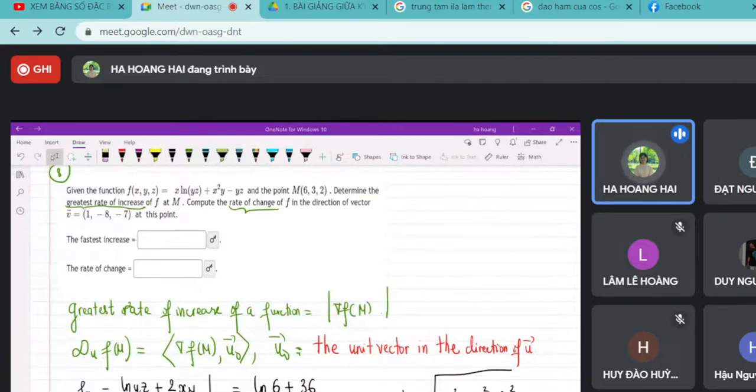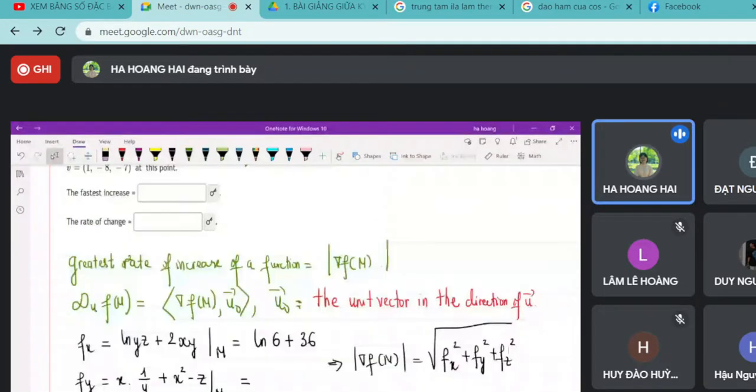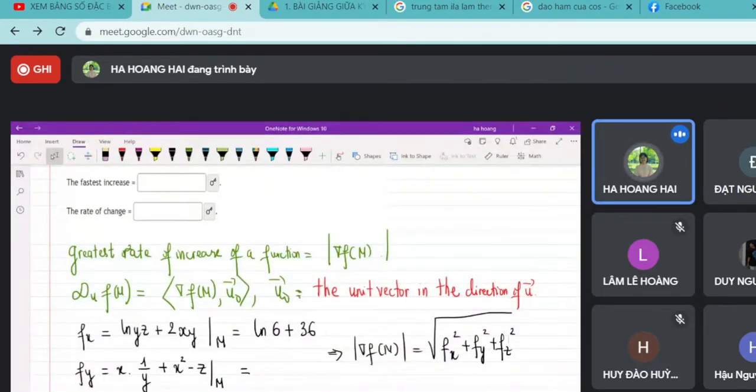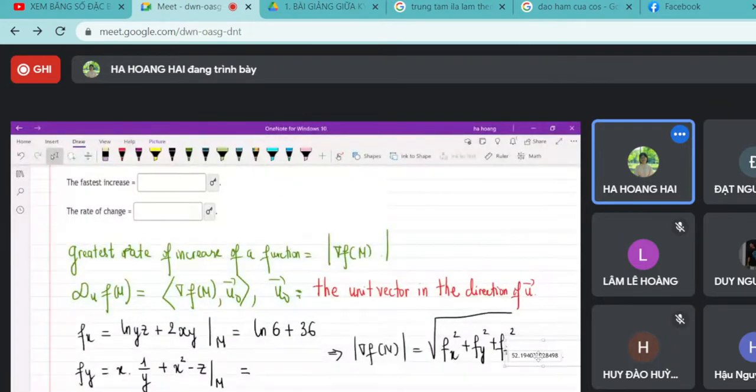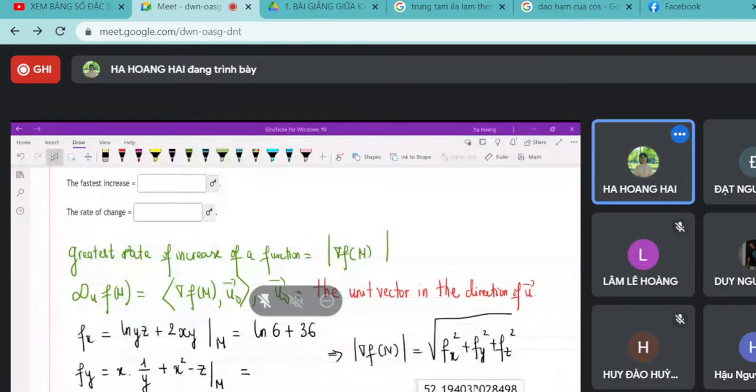And then the fastest rate gives us, okay, here we have the fastest rate of increase.